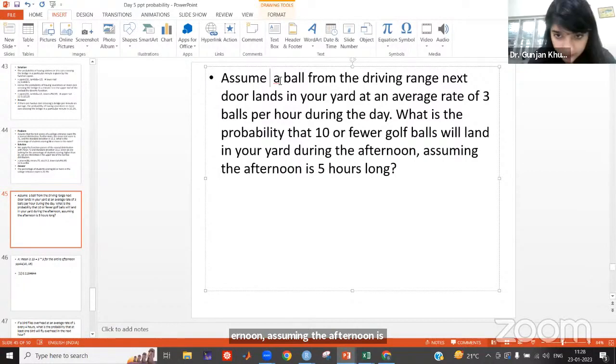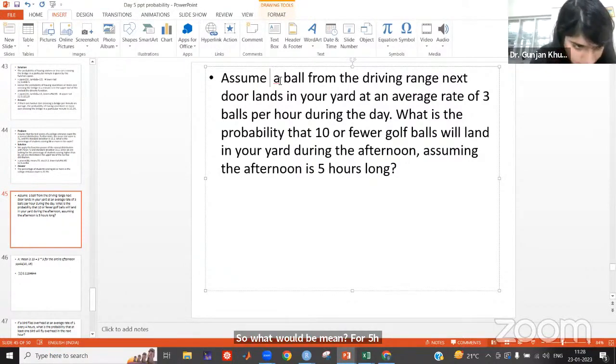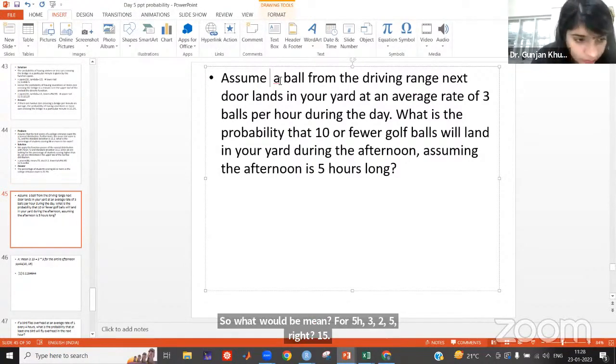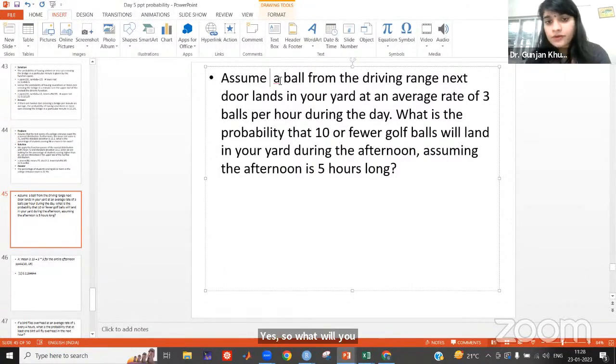Since you have to calculate it throughout the afternoon, and the afternoon is 5 hours long, and you are given the mean for 1 hour as 3, what would be the mean for 5 hours? 15, 3 into 5. Yes. So what will you calculate now? The probability that 10 or fewer golf balls, so if capital X is the number of golf balls, X less than or equal to 10.